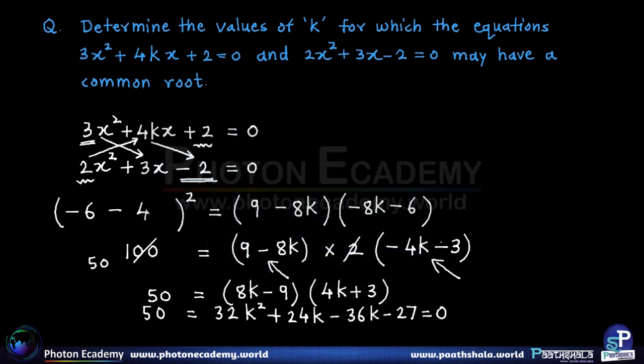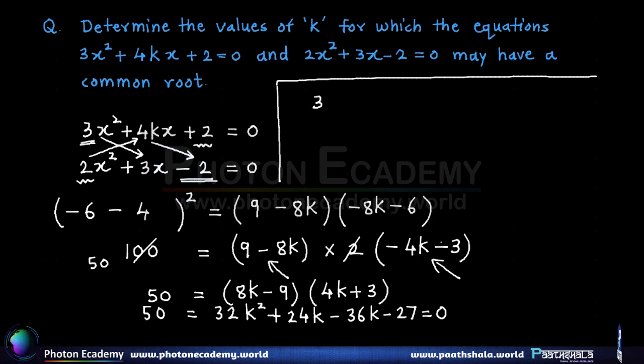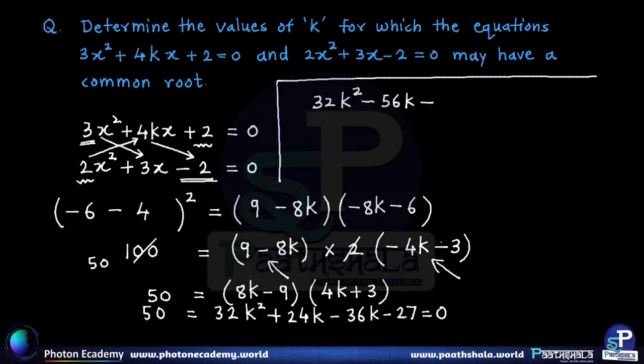On simplifying, we get the quadratic equation as 32k square minus 56k minus 77 equal to 0.